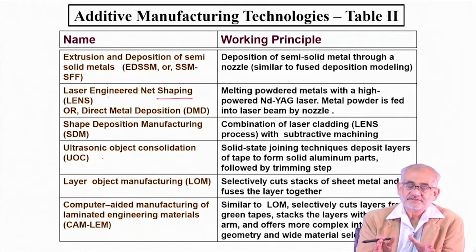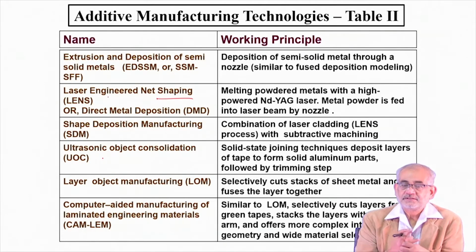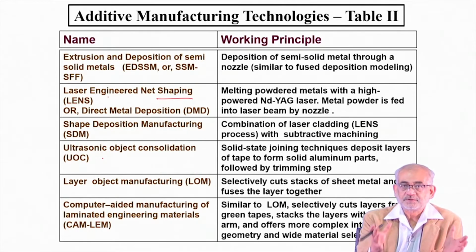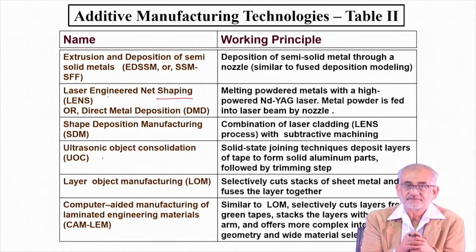But this is very much in its infancy. It's in the nascent state. Nobody can claim that tomorrow I am going to build a complete engine block using direct manufacturing, laser-based direct manufacturing, because it has to go through various forms of testing, characterization, certification. Then only you'll have the reliability.